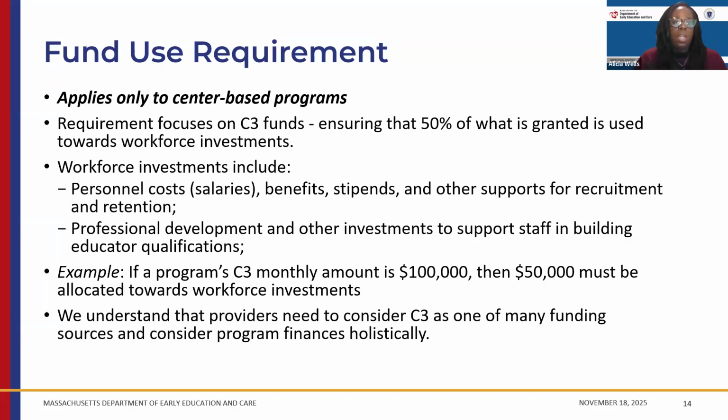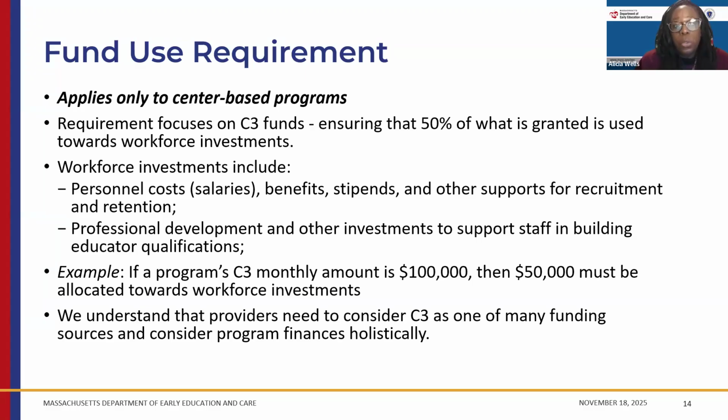This new C3 grant funds requirement ensures 50% of what is granted is used towards workforce investments. For example, if your program's C3 monthly amount is $100,000, then $50,000 of those funds must be allocated towards workforce investments.